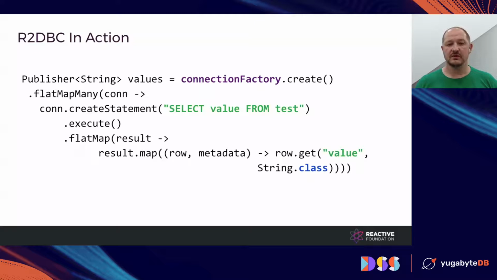Once you have created a connection, you create a statement, you run it, and afterwards you map the result and extract it. And then you finally get a publisher of values. This can be scalar values, like in this example, where we are returning a string. You could plug an object mapper into the mapping process that maps and materializes an entity out of that row. So you have all the freedom that you need, and you can consume rows as you like and as you go forward.